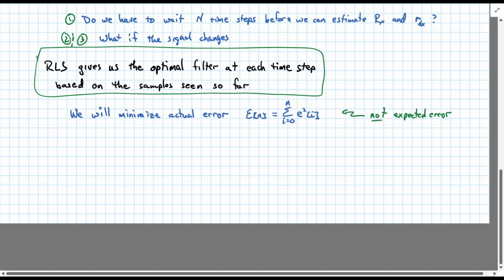And we're also going to define the data autocorrelation. So this is a new Rx. Now, one of the problems with having two different things defined with the same variables is, although context can usually tell you which one is which, it's important to remember that this is not the same as the expected value autocorrelation.